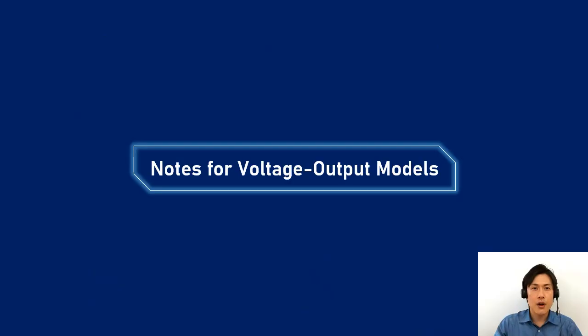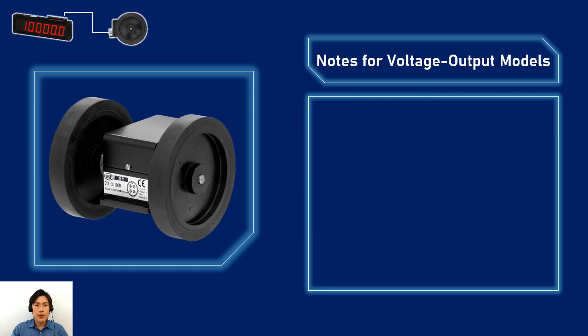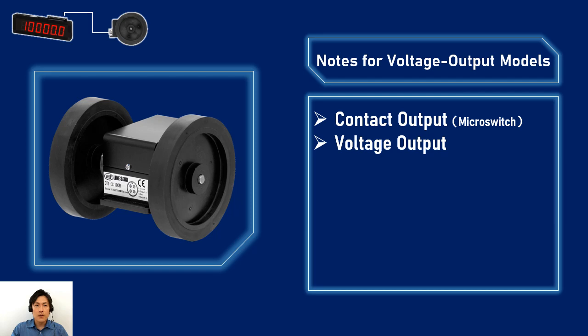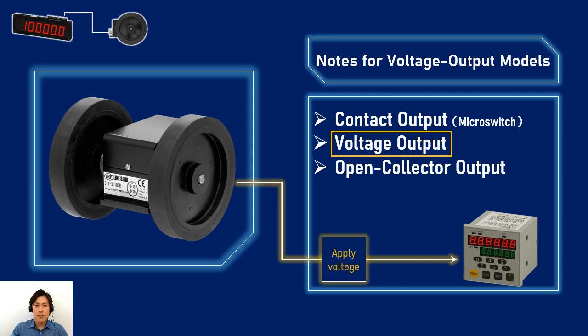Now I'd like to share some notes for voltage output models. Length sensor CT1 series has models with contact output, voltage output, and open collector output. When you use the type of voltage output, connect the sensor to an electronic counter and then apply voltage so that you can make the counter perform counting.